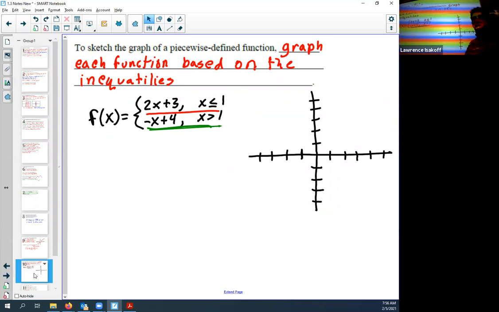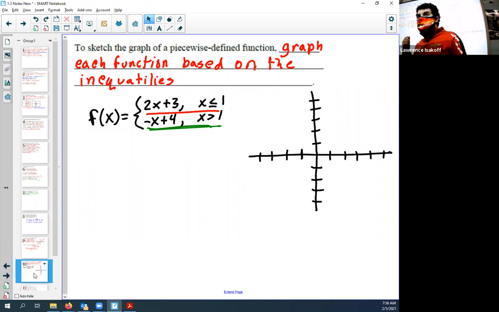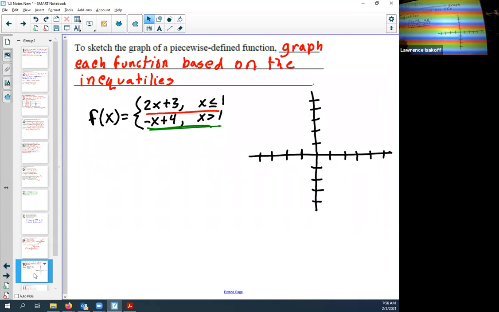So if you graph it well on Desmos and you want to take a picture of that or send me a picture of your Desmos, great, you can do that. I'm going to show you how to utilize Desmos to help us graph it by hand. I'm going to use a blended approach with it instead of doing it all by hand, just because I know this is tough for you guys.